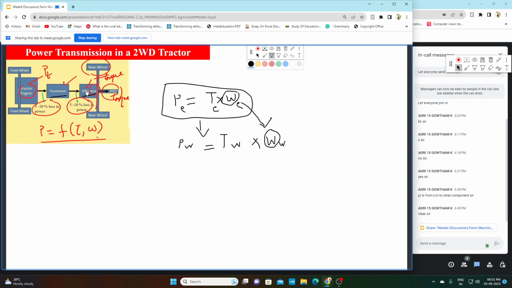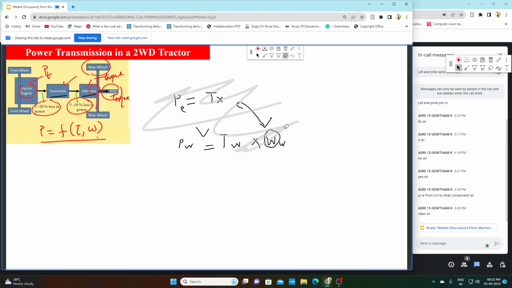The second function of the differential is that it distributes power at right angle, and during muddy condition, if our tire gets stuck in mud, we want different speed for the left wheel and different speed for the right wheel. So for that also we require this differential unit. So that is the power flow diagram of your tractor.